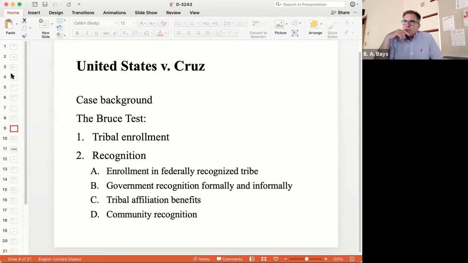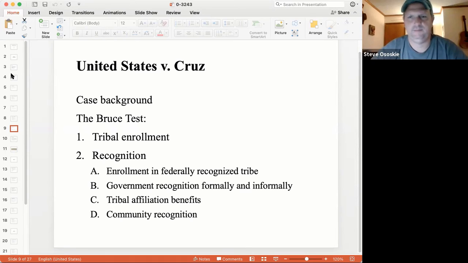Well, the government was trying to prove that he was an Indian, and he was denying it. And this was the legal test developed in a different case, basically the criteria that had to be there for the government to determine that he was an Indian.